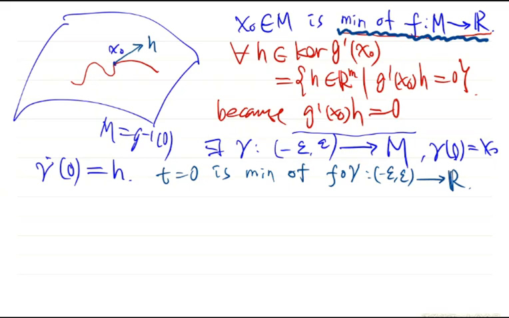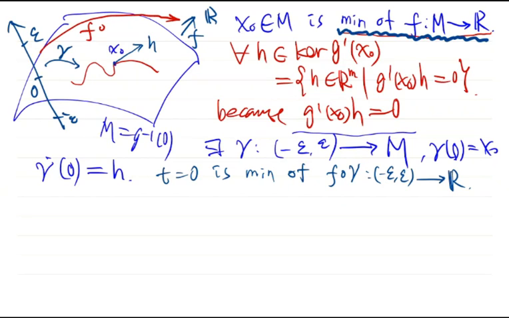So here is the interval from minus epsilon to epsilon, and this is the curve gamma, and our function f is defined on M. Then the composition of f and gamma is a function defined in the interval minus epsilon to epsilon.